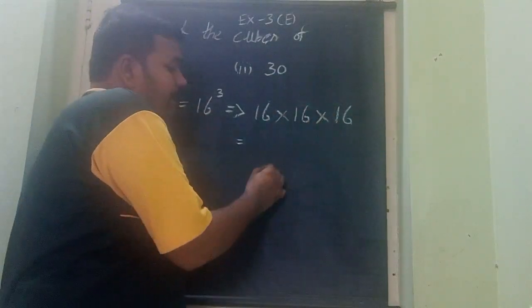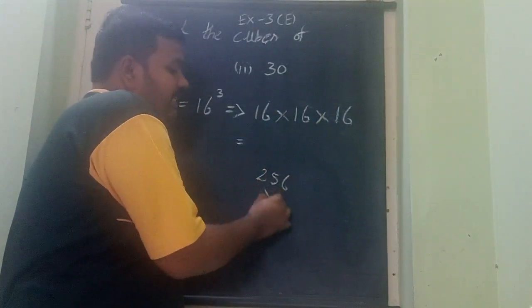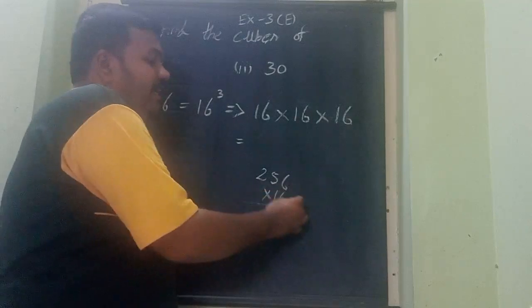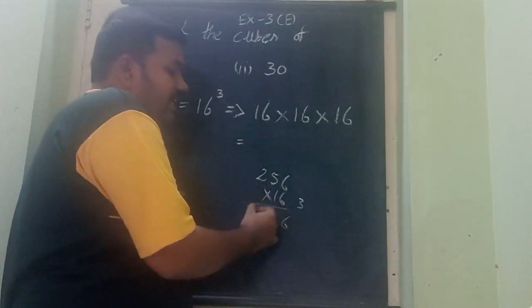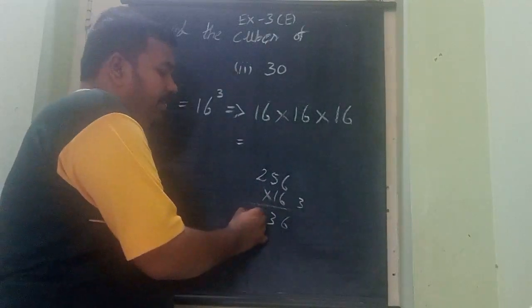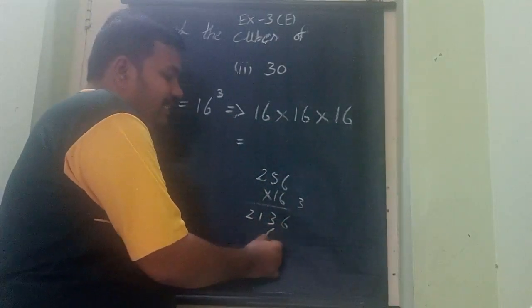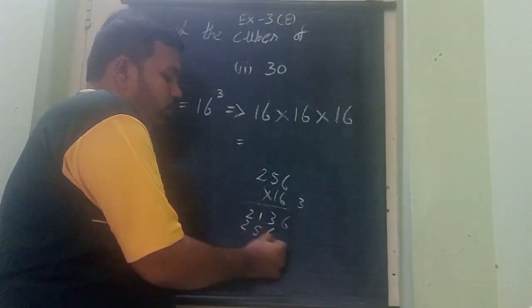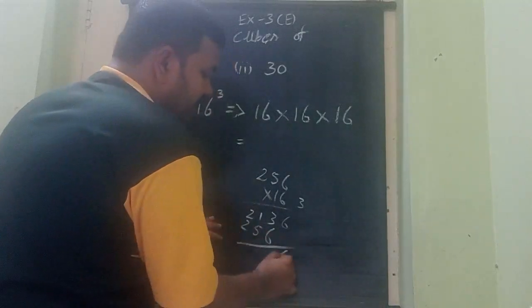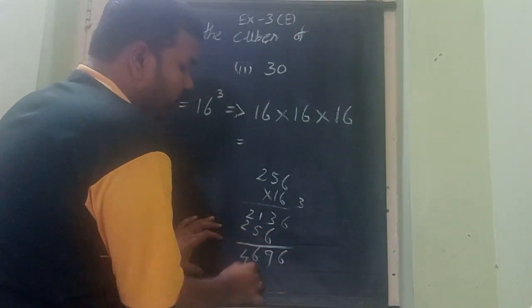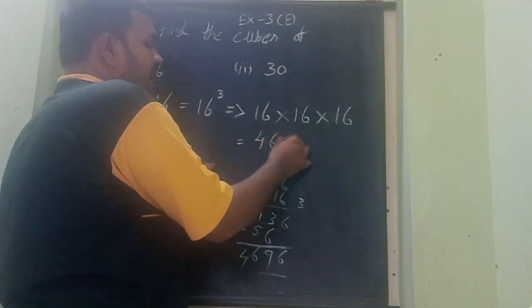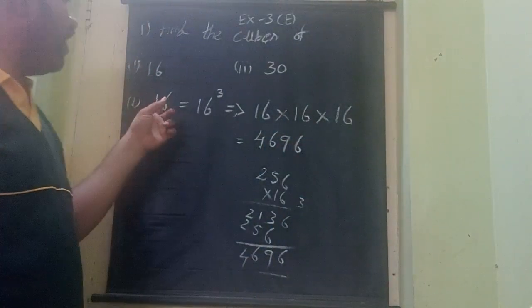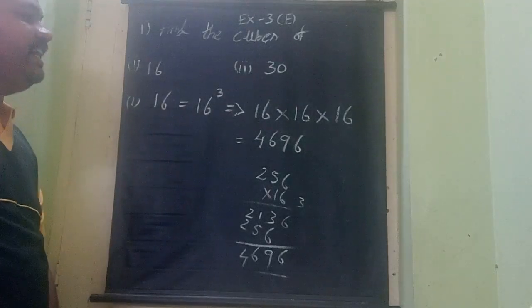So multiply that 256 by 16. 6 6s are 36. 6 5s are 30 plus 3, 33. 6 2s are 12, 13, 14, 15. Then with the next digit 1, we get 2, 5, 6. Add them: 4, 0, 9, 6. So the cube of 16 is 4096.